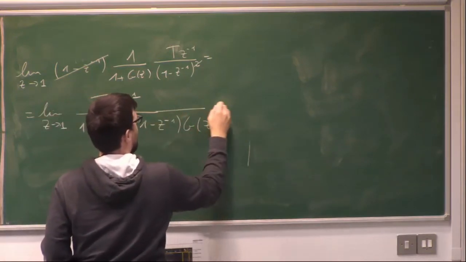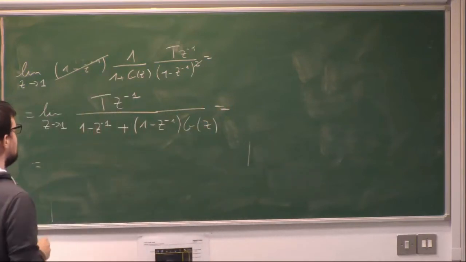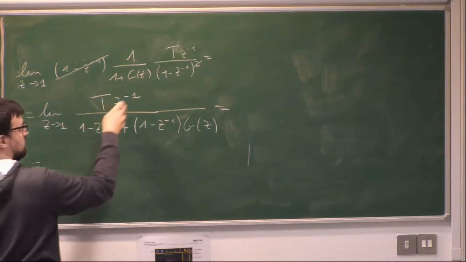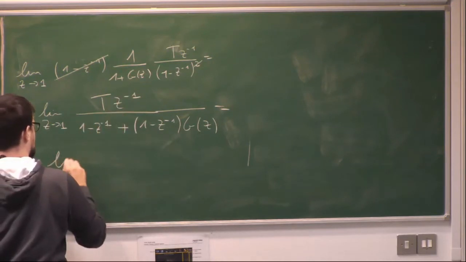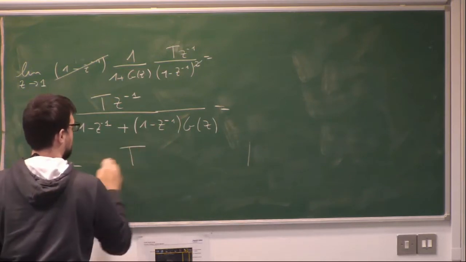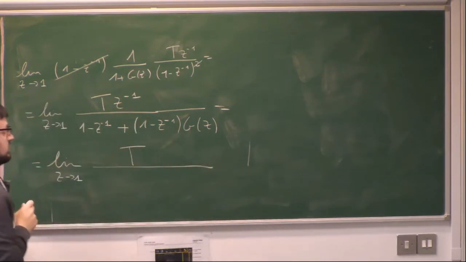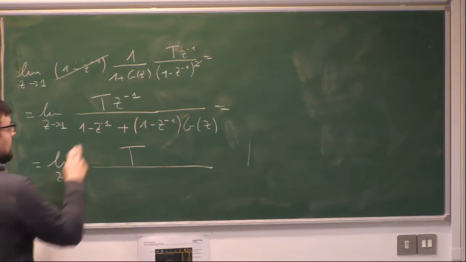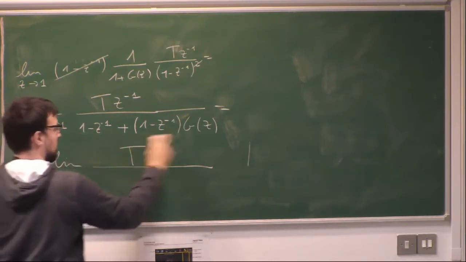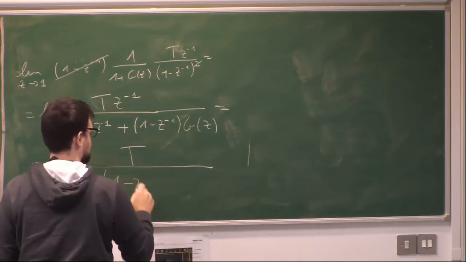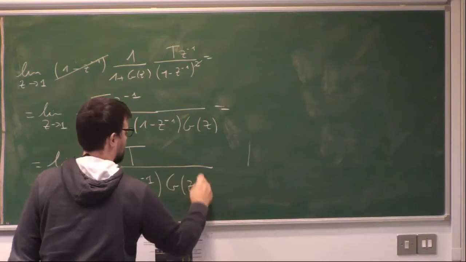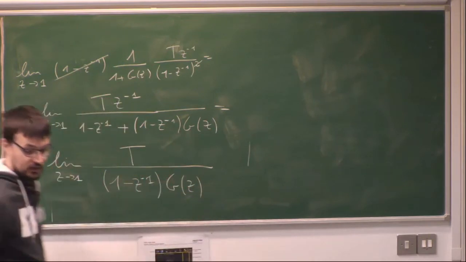Now, since we are computing the limit as z goes to 1, this does not play any role because it would become just 1. So this is actually the limit as z goes to 1 of t, and we can forget about this times 1 over here. And when we replace 1, 1 minus 1 is 0, so here we will have 0, and what is left is only this, because this is what actually matters. So we have this limit here. So we go back to the slide.